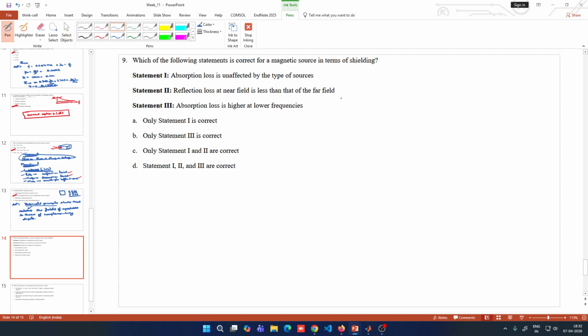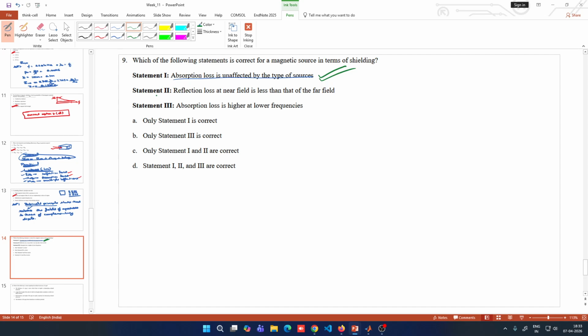In lectures we have seen that absorption loss is unaffected by the type of source, meaning it can be electric or magnetic. Statement 1 is true. It can be a magnetic source, like a transformer, or a small wire acting as an antenna, a wire antenna or a dipole antenna, as an electric source. So absorption loss is unaffected by the type of source.